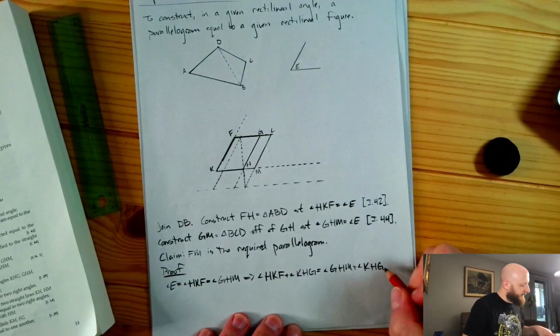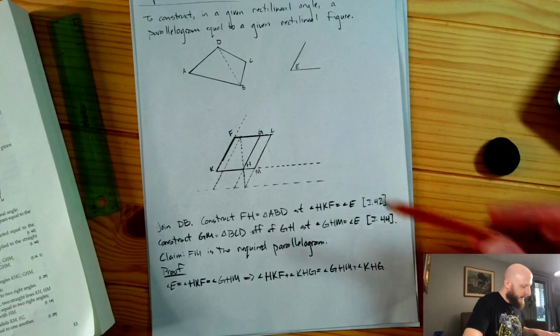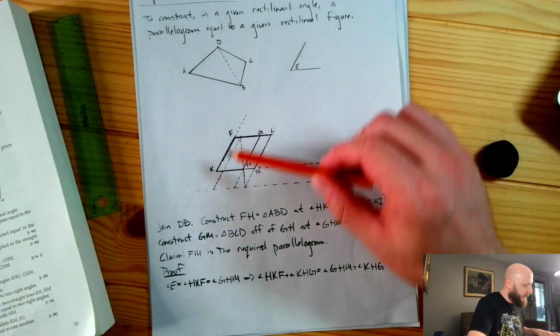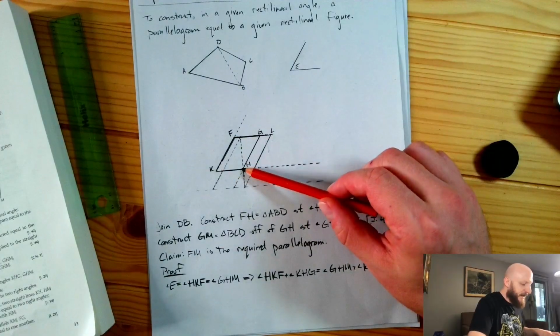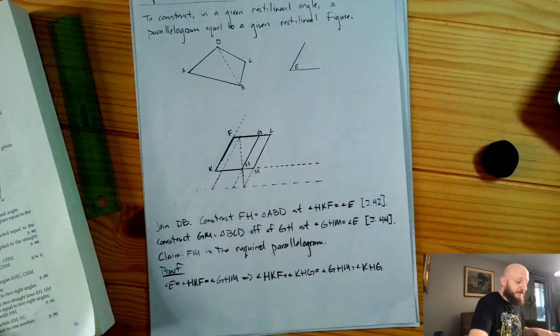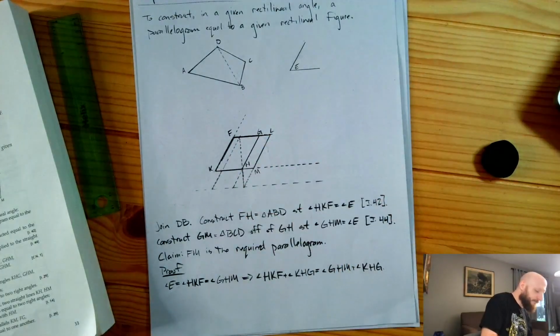But what does that give us? Well, let's look at it. He says, but the angles FKH, KHG are equal to two right angles. So what are we looking at? FKH plus KHG are equal to two right angles. And this is because FK is parallel to GH, and that's by construction.